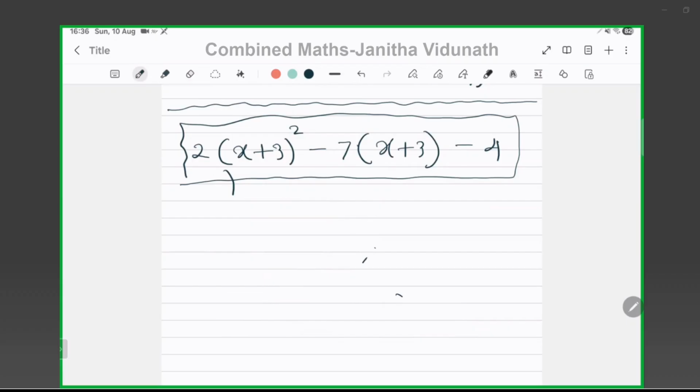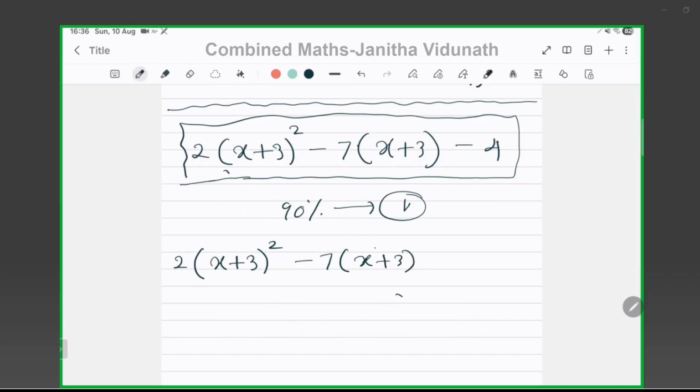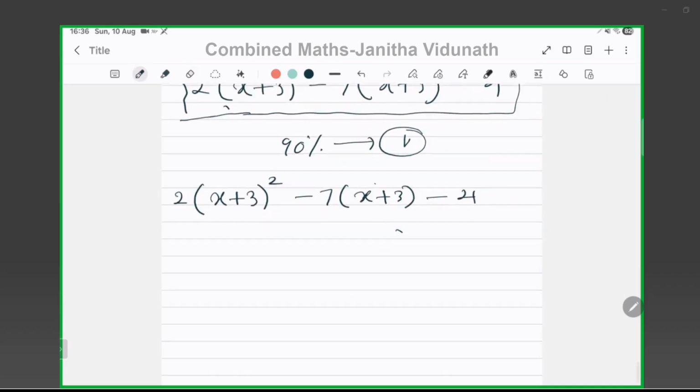Okay, I will do this question. We can do this question by two methods. First, I will do the method that around 90% of students will do. They take this question and try to simplify it.